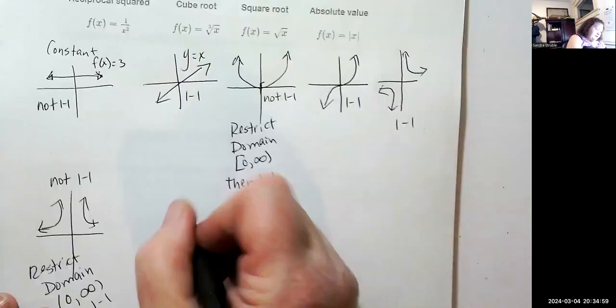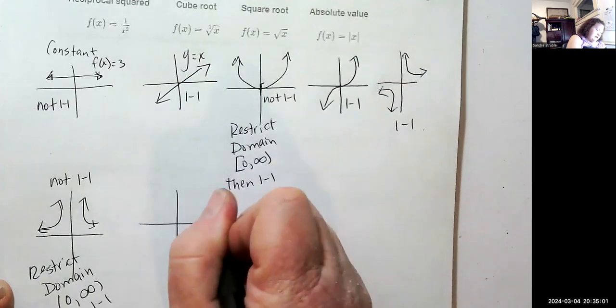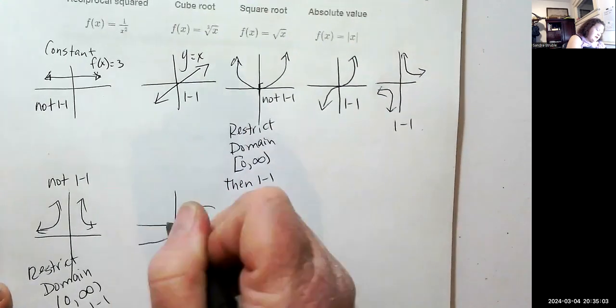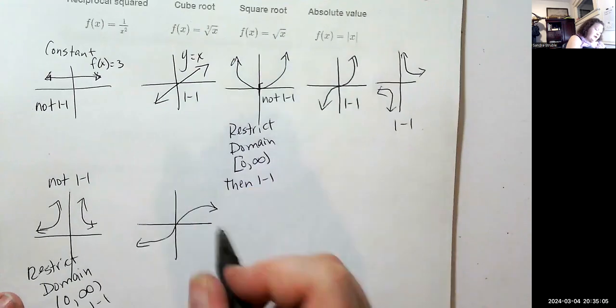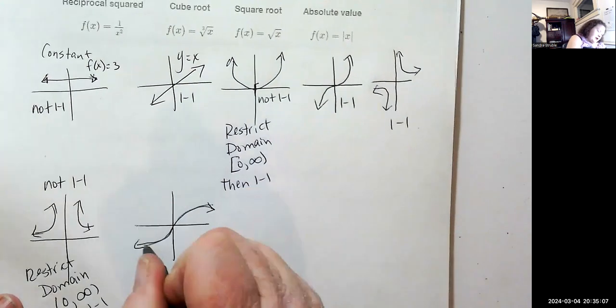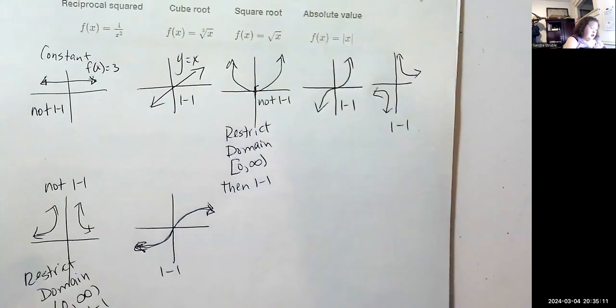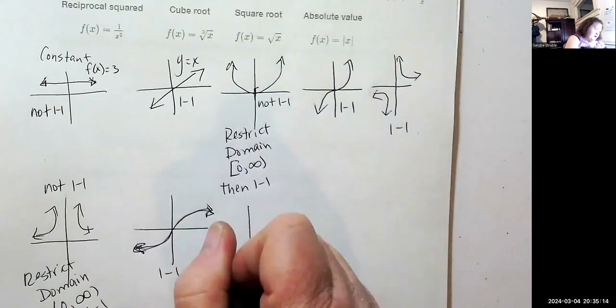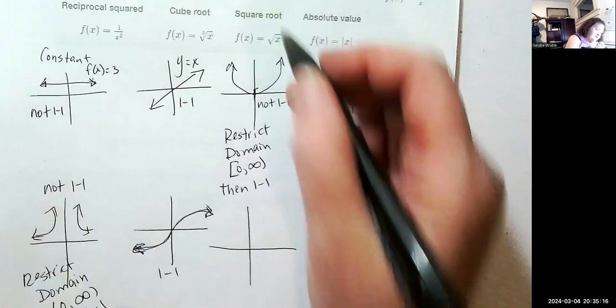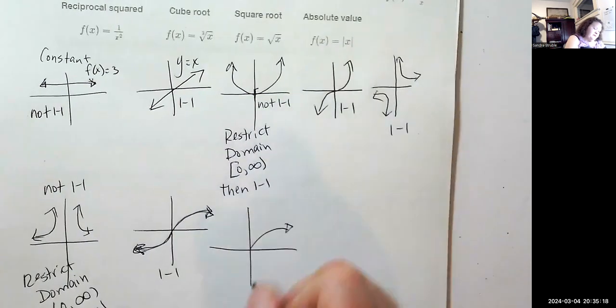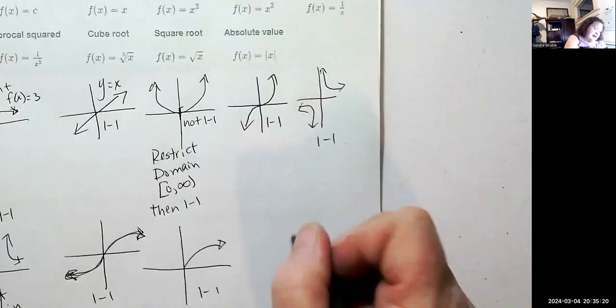Next is cube root. Cube root is just this guy, sort of like that, and it is one-to-one. Next is square root. It is one-to-one. And then the last is absolute value.